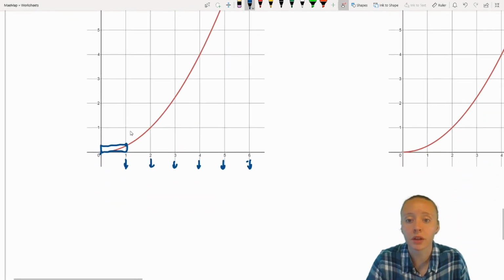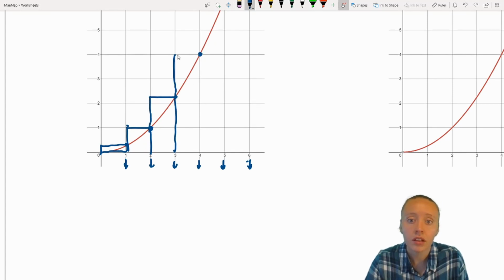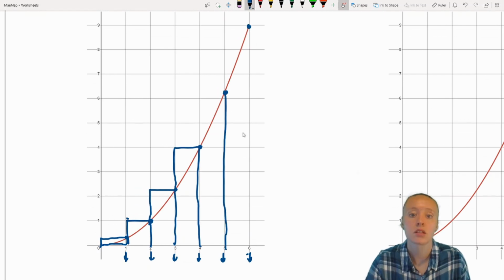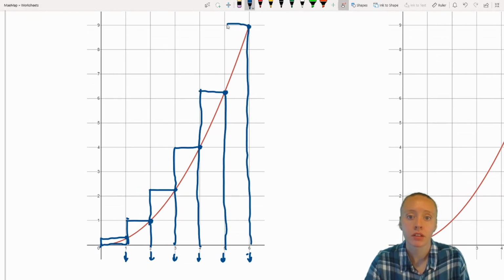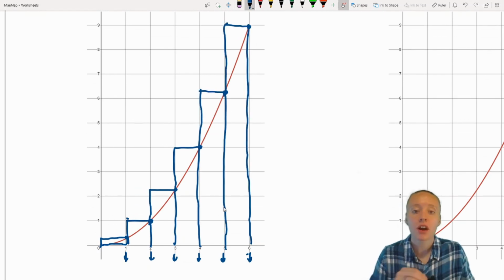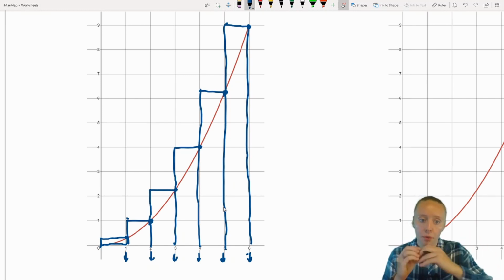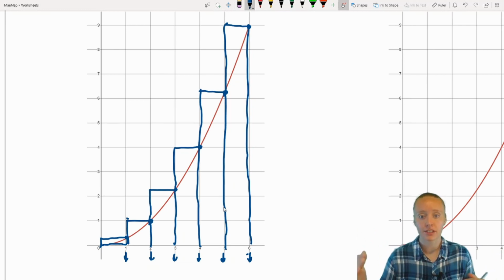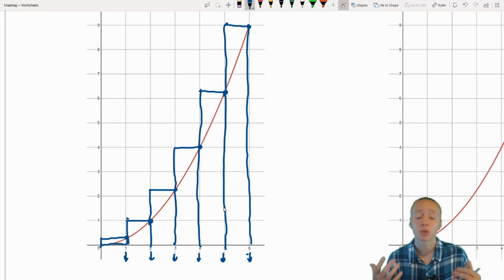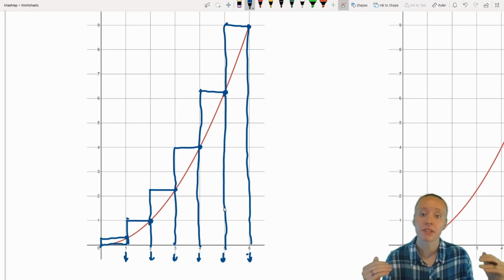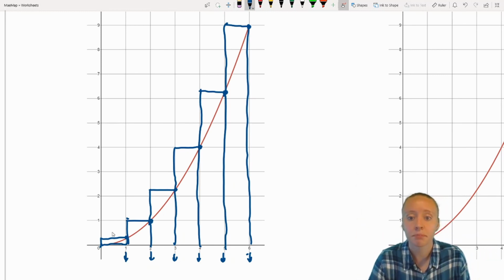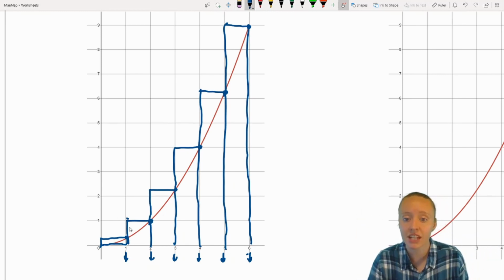So drawing this out quickly, you can see now that using a right Riemann sum, when my slope is positive, I'm going to overestimate. Whereas up above, when my function mostly had a negative slope, my right Riemann sum underestimated, whereas here it's going to overestimate.